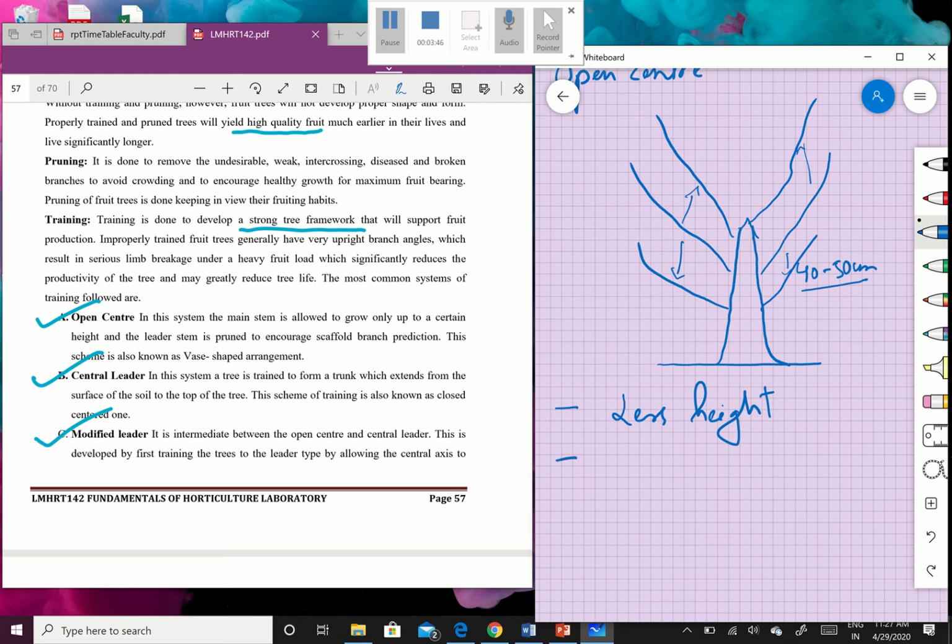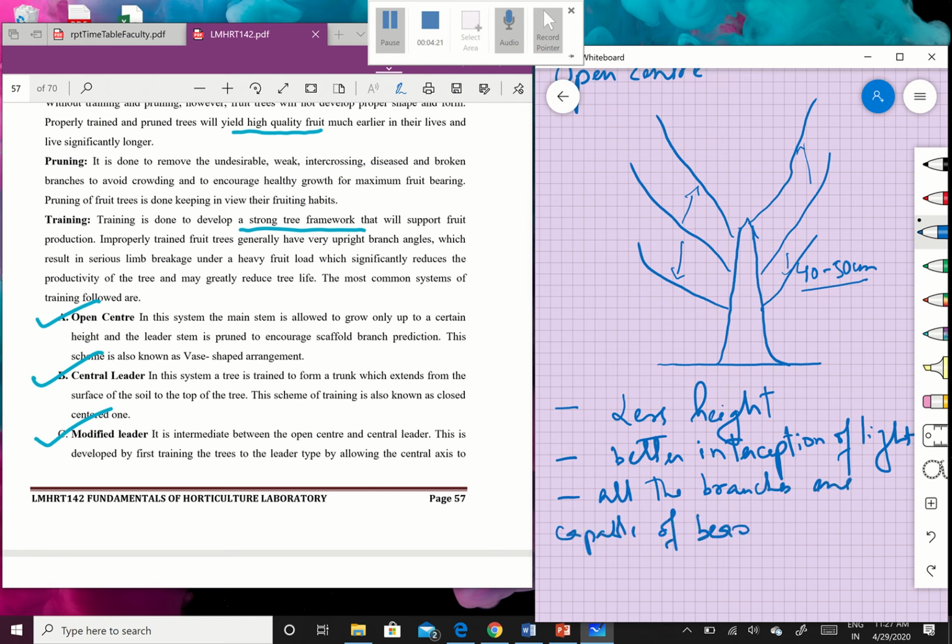Next, since the branches are distributed uniformly, there is better interception of light, and all the branches are capable of bearing flowers, and later on they will bear fruits.